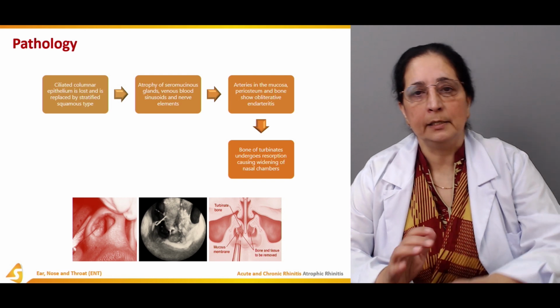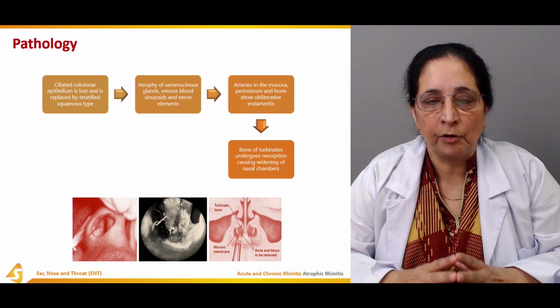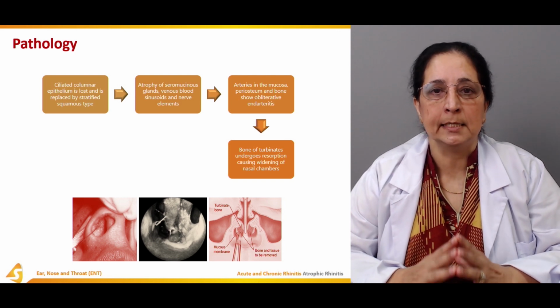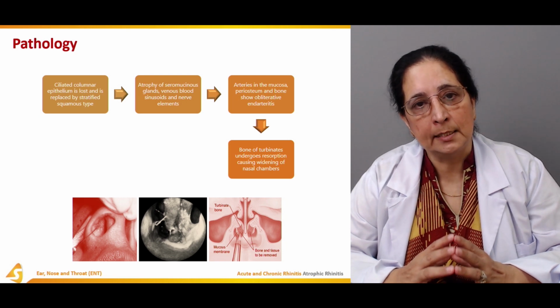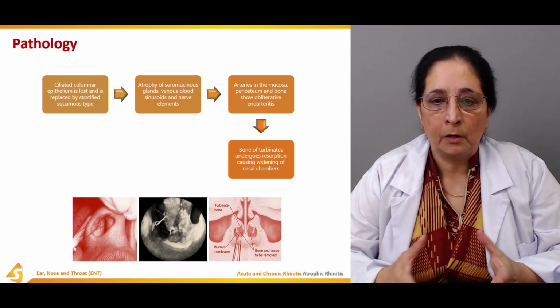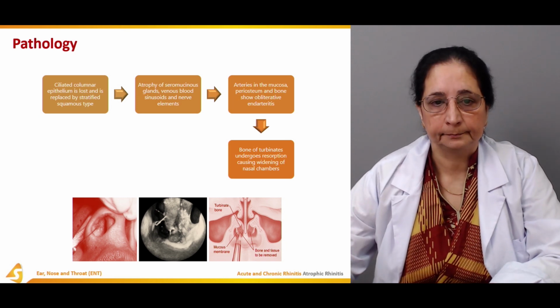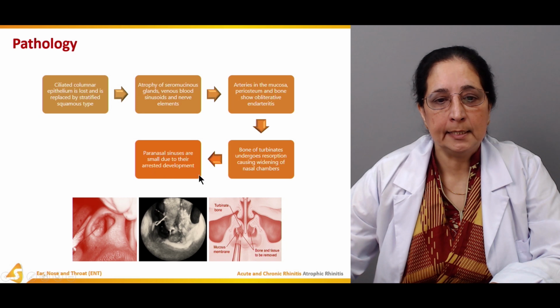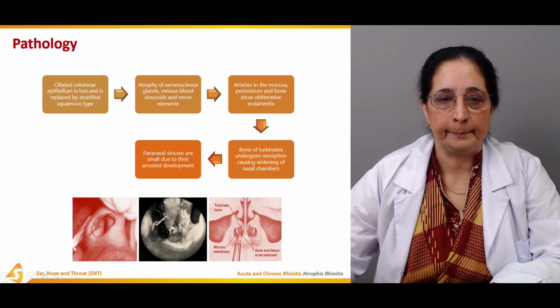So all these are the different changes that ultimately lead to atrophic rhinitis, which is characterized by atrophy of the nasal mucous membrane and also the bone of the turbinates. Paranasal sinuses are small due to arrested development.